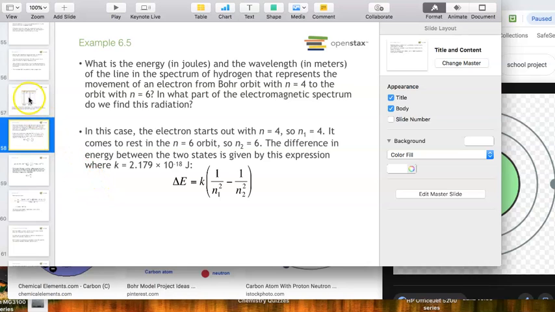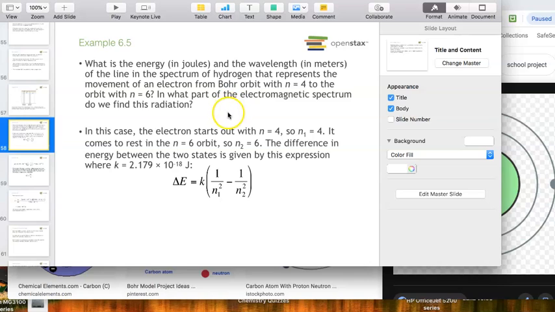So here we're going to look at a calculation where they're asking us to find the energy and the wavelength in meters of the line spectrum of hydrogen that represents the movement of an electron from a Bohr orbit of n equal to 4 to the orbit of n equal to 6.